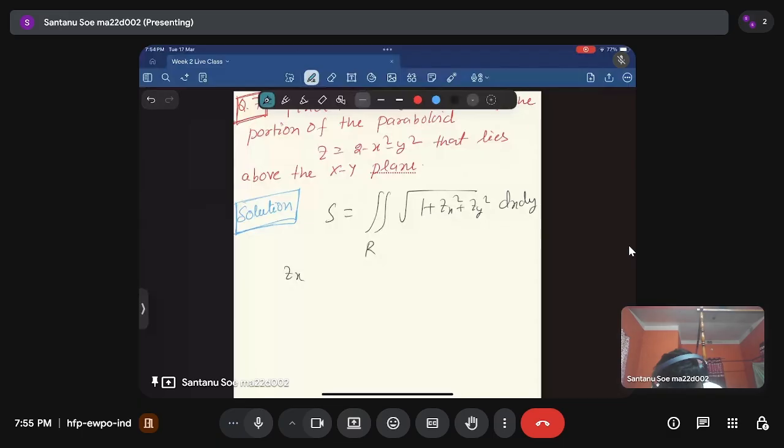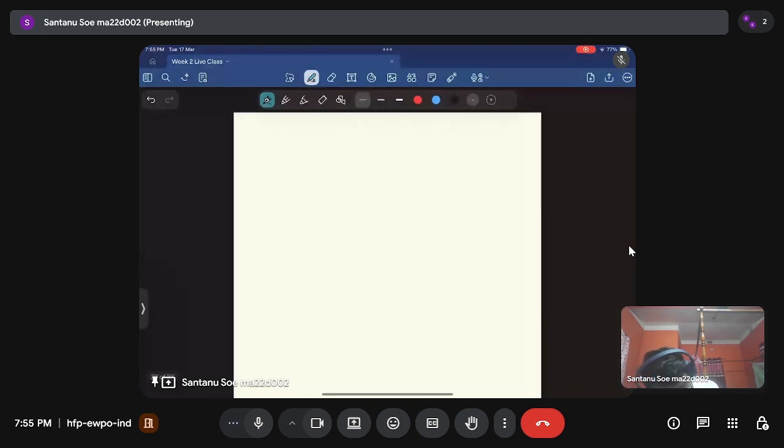So S equals double integration over R square root of 1 plus 4 times x square plus y square dy dx, and this is same as 0 to 2 pi, 0 to root 2, 1 plus 4r square r dr d theta, and this is same as integration 0 to 2 pi, 1 plus 4r square whole to the power 3 by 2 by 3 by 2, 0 to root 2, 1 by 8 d theta.